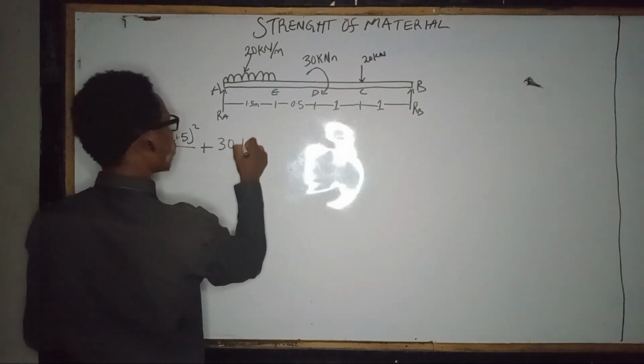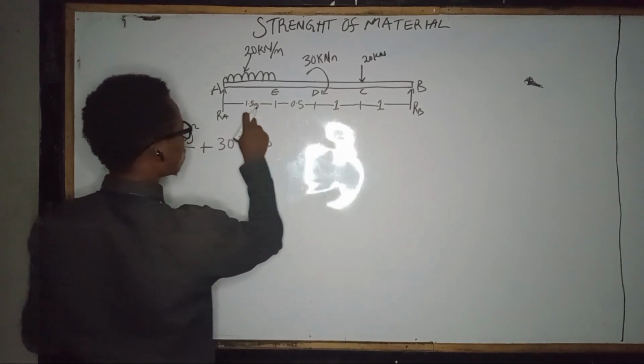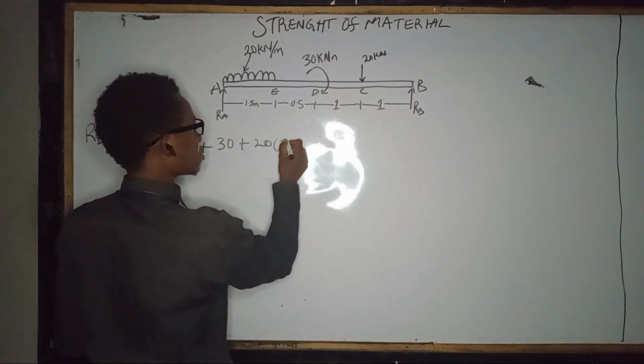Then this one here, the point load, which is 20 times the distance here, which is 20 times 3.